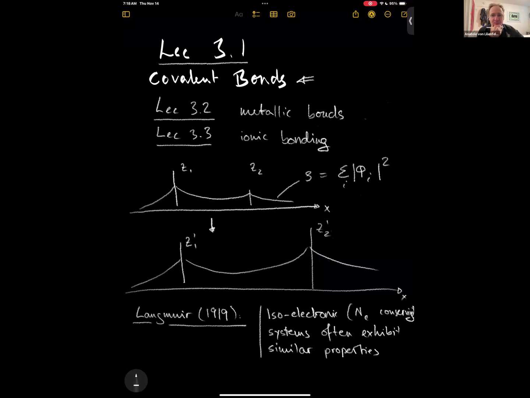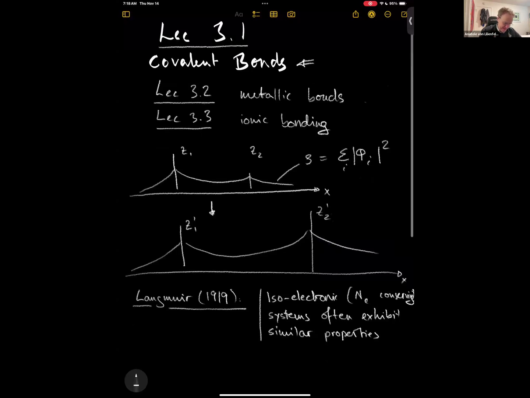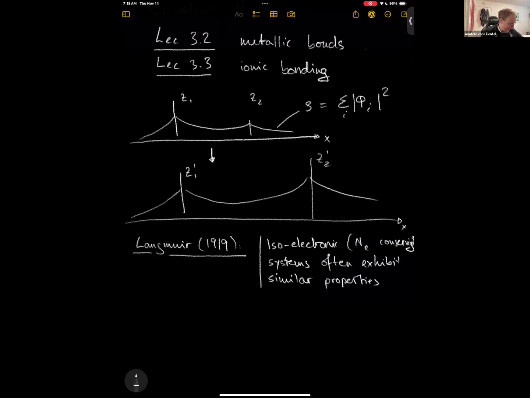That means without regard to chemical composition or bond lengths, systems can have similar properties.